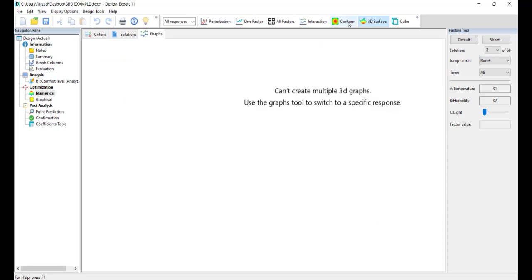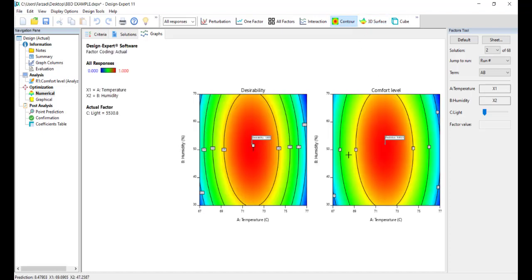We cannot see a 3D graph because we are looking for an optimized point. The optimized point for each level will be different. So according to this graph, we can find the optimized point and optimized value for each one of these factors.